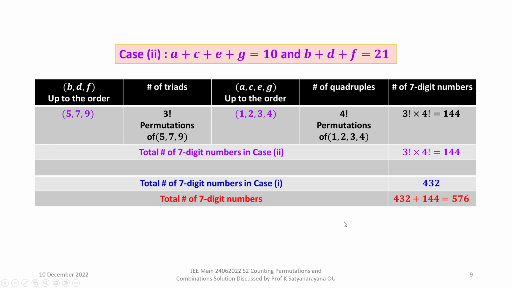So the total number of 7-digit numbers is 576. Our answer is 576. And that is a very detailed discussion of the problem on counting from the section permutations and combinations.